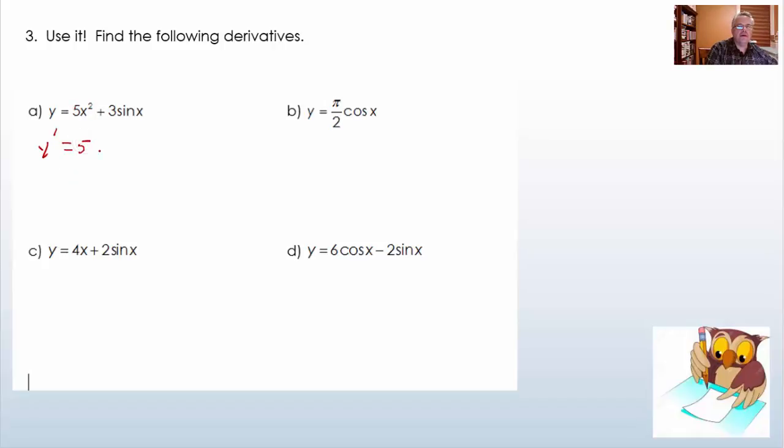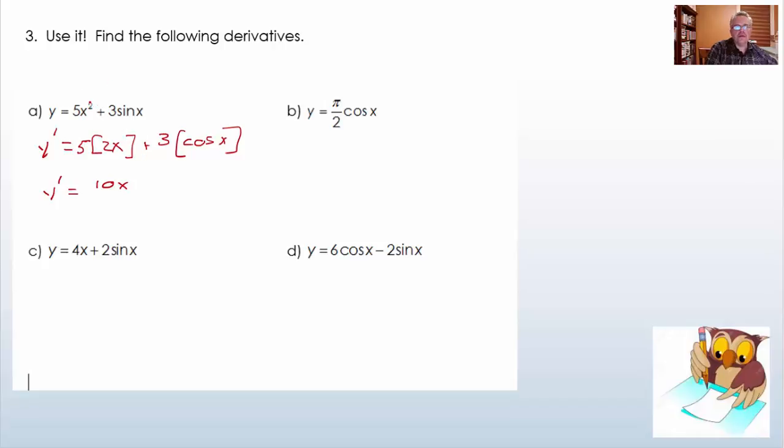Let me write it the way I always had: 5 times the derivative of x squared will be 5 times 2x. And then here we have 3 times the derivative of cosine of x. This is a step that's okay to skip as long as you get the right answer. I'm just showing all my work. So we get y prime is 10x.